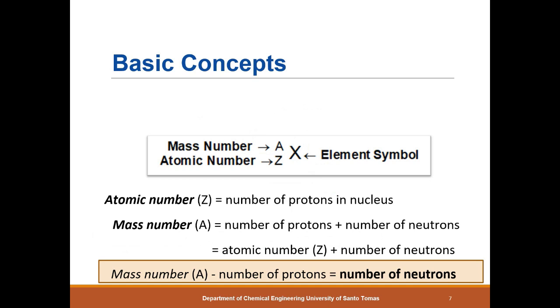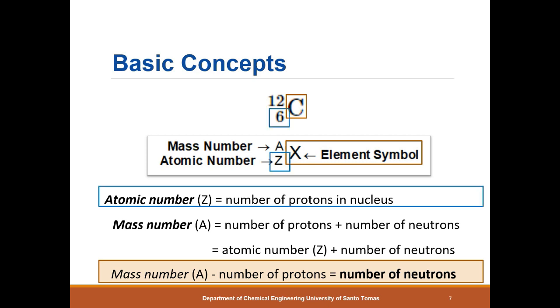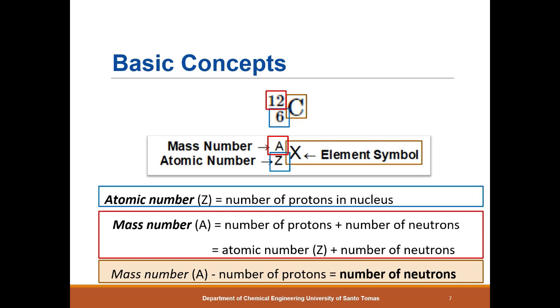Also, remember the notation for succinctly representing an isotope of a particular atom. The element in this example, represented by the symbol C, is carbon. Its atomic number, noted as Z, is 6, and it is the lower left subscript on the symbol and is the number of protons in the atom. The mass number, represented by A, is the superscript to the upper left of the symbol.